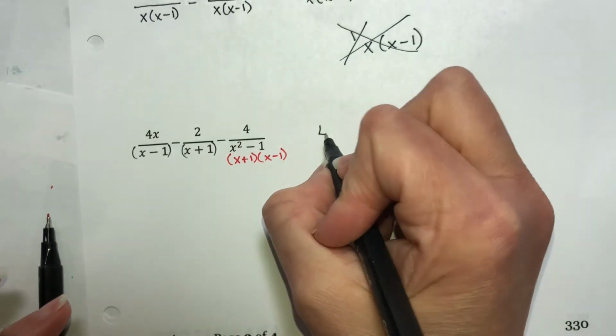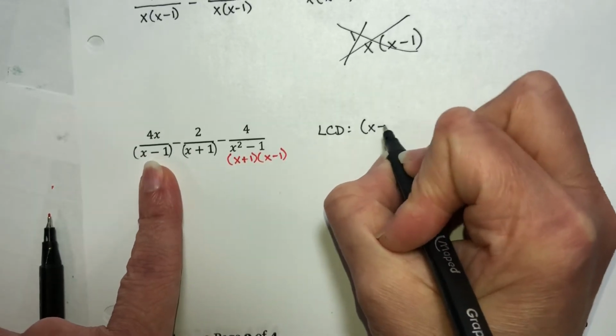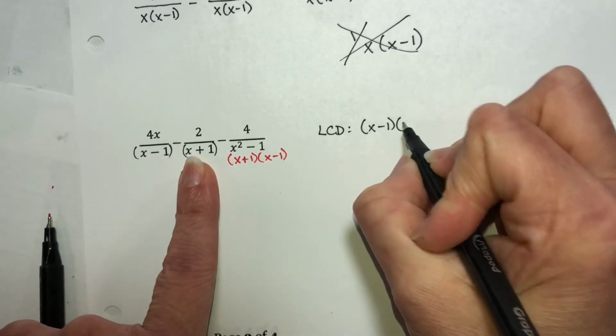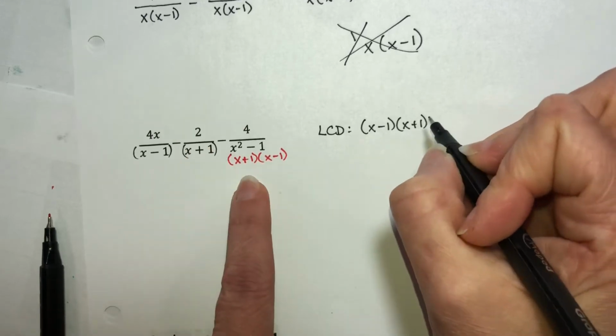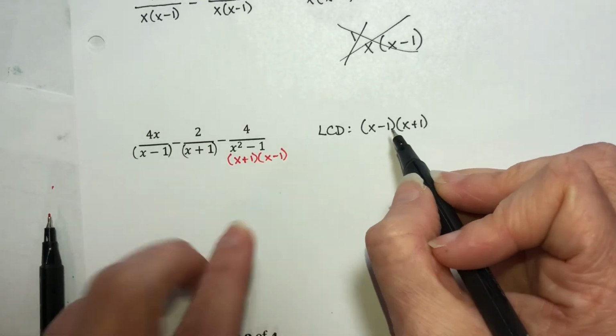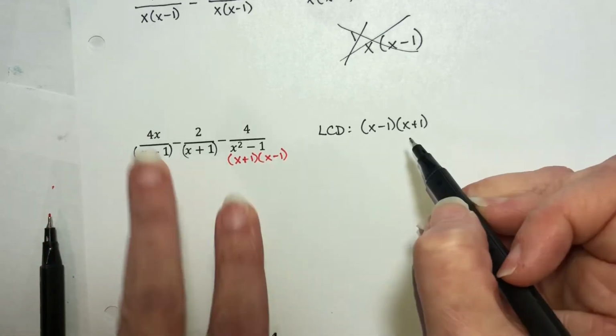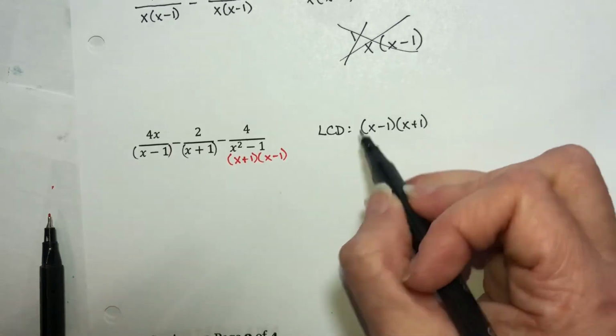So my LCD, I need an x minus 1. I need an x plus 1. I need an x plus 1, it's already listed. X minus 1 is already listed. The largest exponent that appears on an x minus 1 is a 1. Same thing for x plus 1. So this is your LCD.